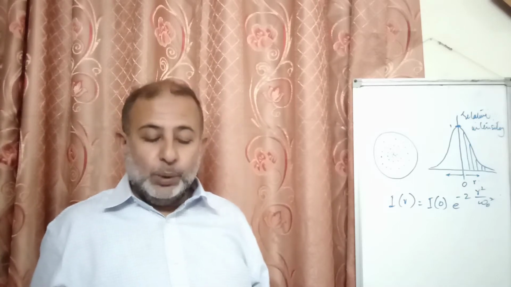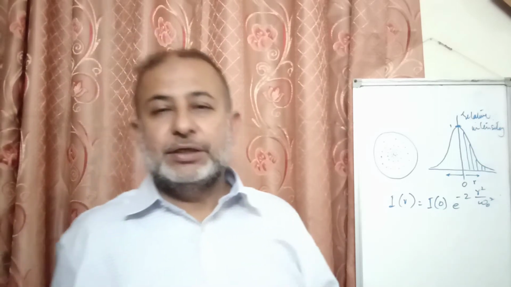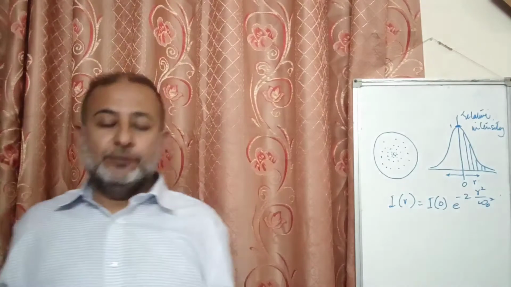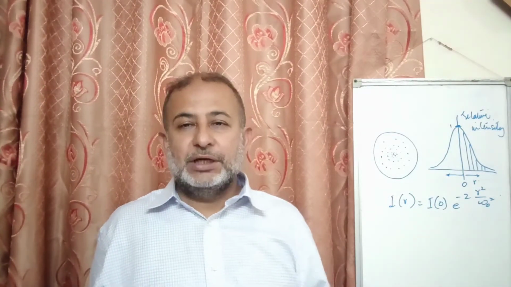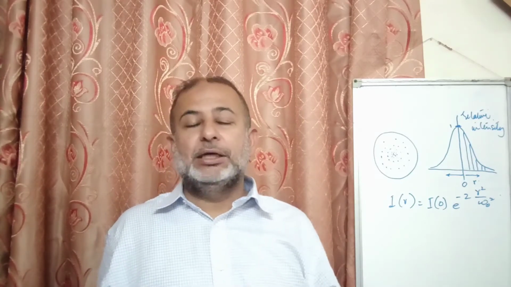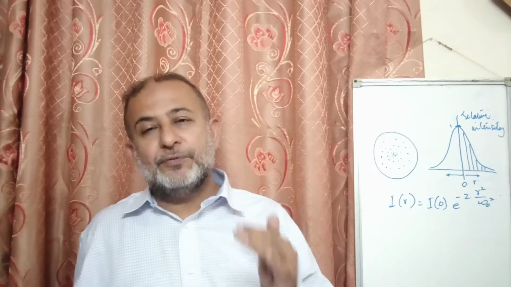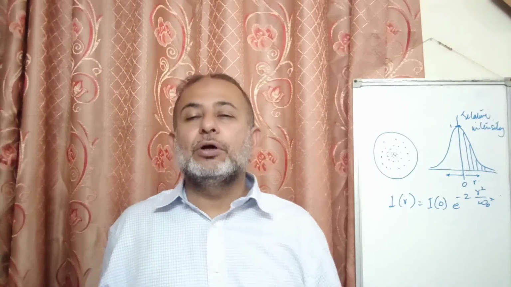Now, when an actual beam of light travels through this optical fiber, 80% of this light travels through the core, because the shape of the front of this light is somewhat Gaussian.